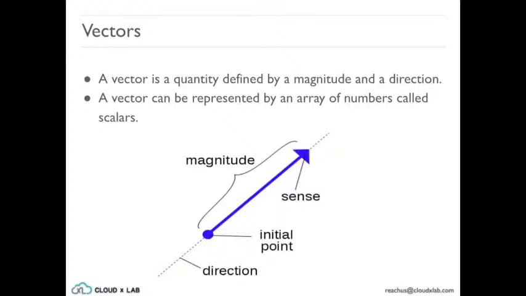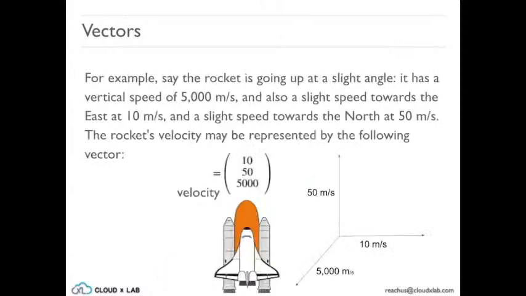A vector, as some of you have learned and still remember, is a quantity defined with a magnitude and a direction. So a vector can be represented as an array of numbers. That's one of the easy ways to do it.